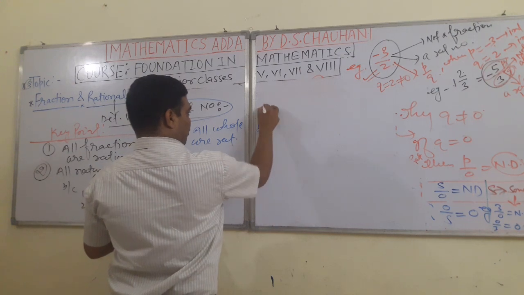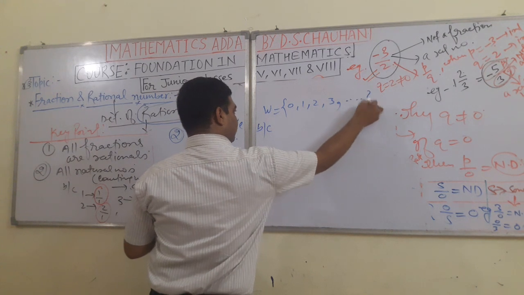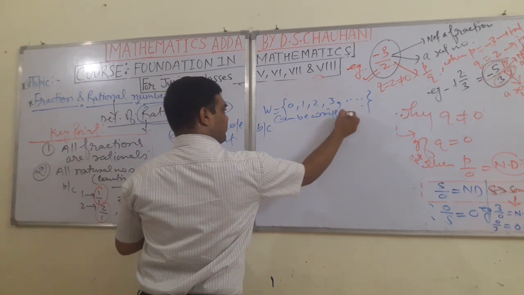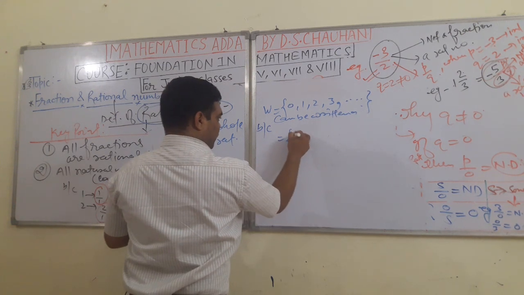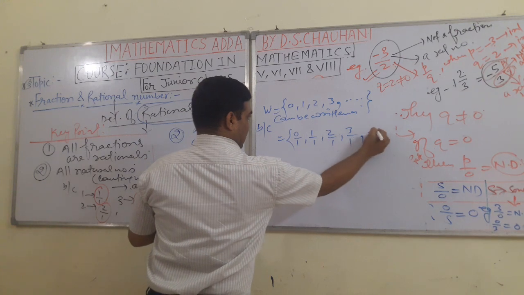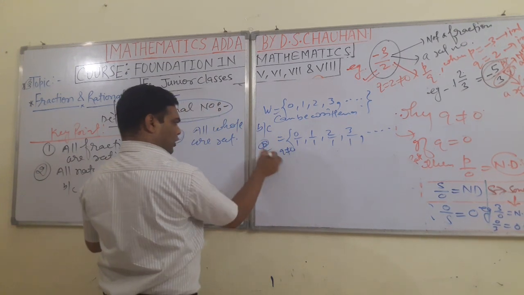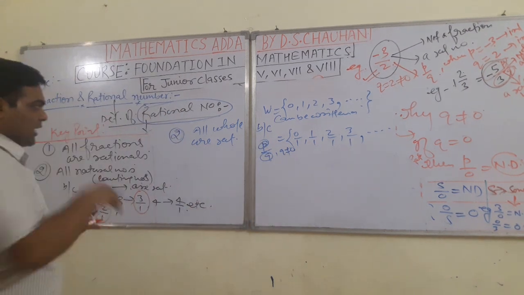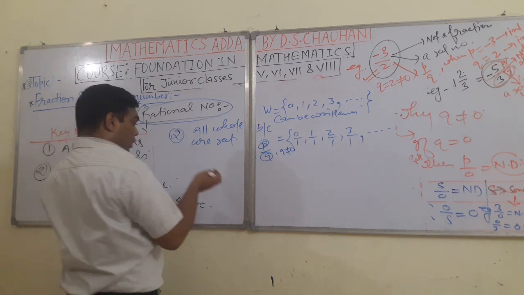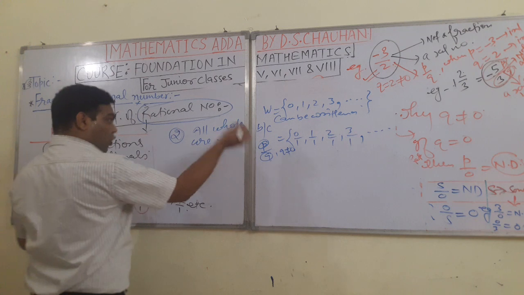Because you know whole numbers, 0, 1, 2, 3 and so on, can be written as 0 by 1, 1 by 1, 2 by 1, 3 by 1. All are of the form p by q, where q is not equal to 0 and p and q are integers. It means all whole numbers are rationals. Now you have seen that all natural or counting numbers are rational, and all whole numbers are rational.